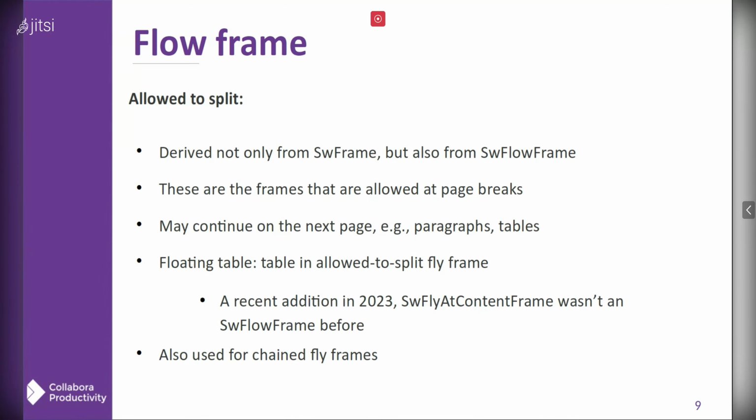You had to make sure that all the content inside that fly frame is inside one page. And nowadays, this fly frame is deriving from SwFlowFrame, which was the basis to make sure that it's possible to split these fly frames across multiple pages, which gives you something which is called floating tables on the Word side.